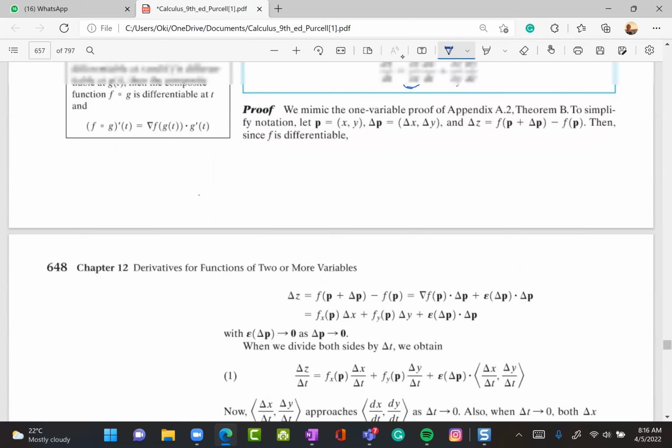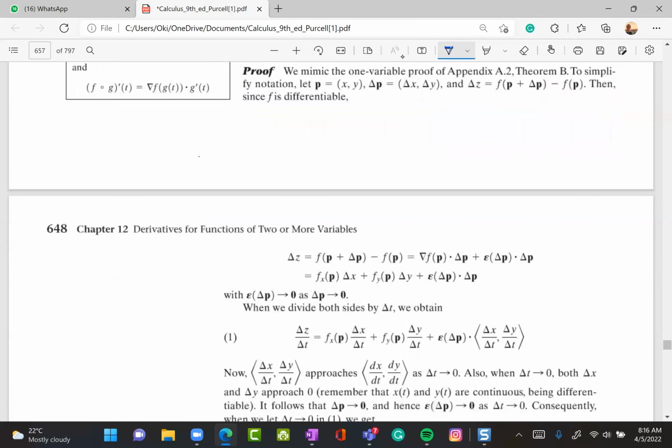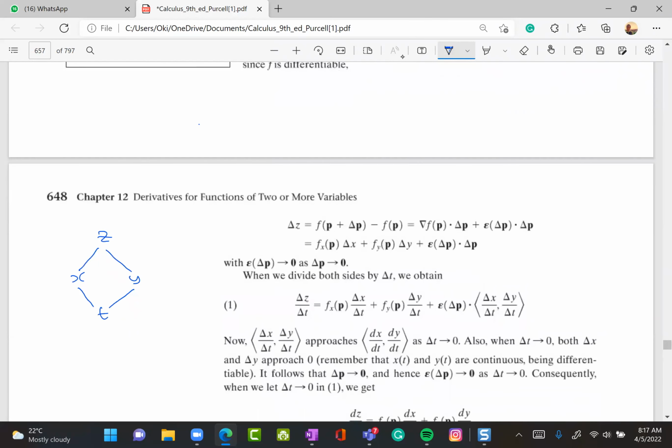Or schematically, it looks like this. We have z, which has variables x and y, while x is a function of t and y is a function of t. So when you take the derivative of z with respect to t, there are two ways to compute it.